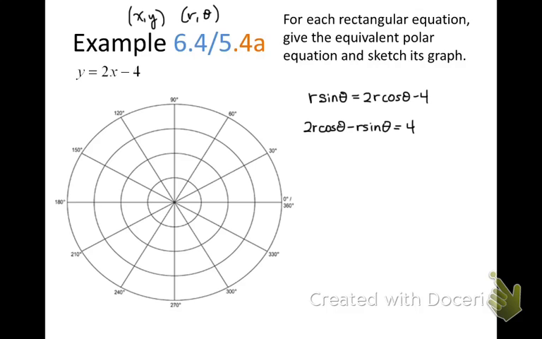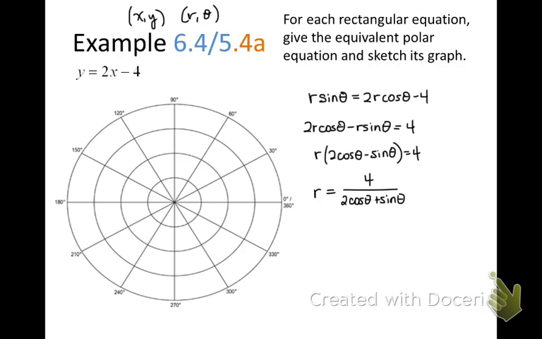I only did that just to keep r on my left. Now I can take an r out. Okay? And divide. So r is going to equal 4 over 2 cosine of theta plus the sine of theta.